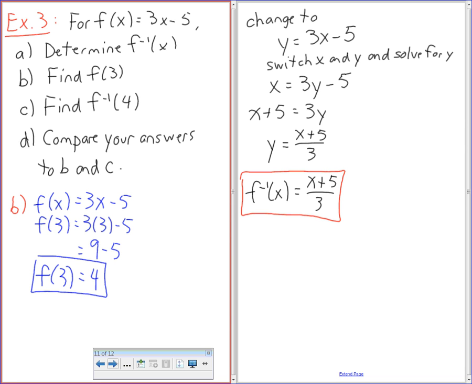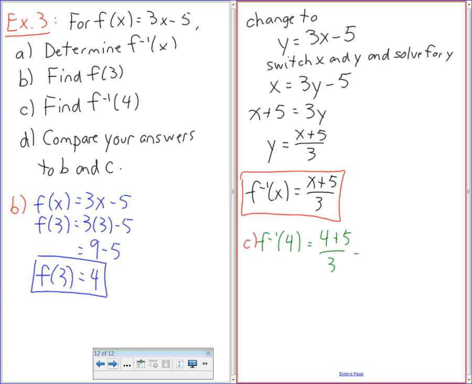So if you put 4 into your inverse, you'll go backwards to get 3. That's the whole logic behind this. It's like opposite terms. Let's plug it in to make sure this works. So f inverse of 4 is going to be 4 plus 5 over 3, which really is 9 over 3, which is equal to 3, which is good.